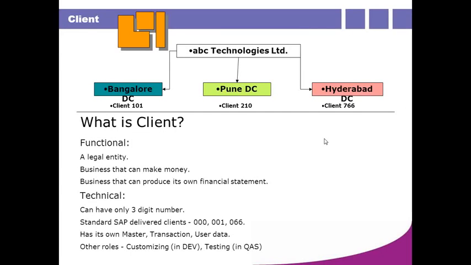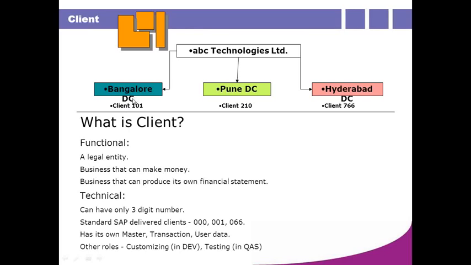Technically it is a data separator. Even though everything is in the single database, my other client cannot see or modify someone else's data, unless he has access to the other client.